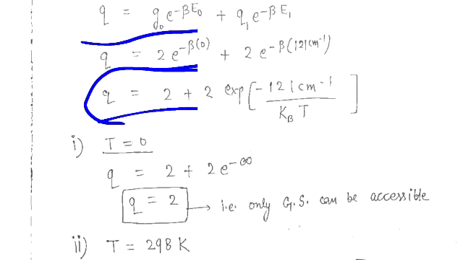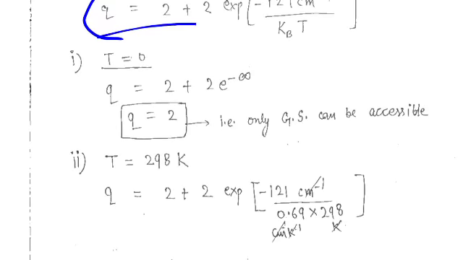And it is very obvious, I had told you that at temperature 0 only ground states can be accessible. Since the degeneracy of the ground state is 2, only 2 states can be accessible. So this is the conceptual way I had told you.